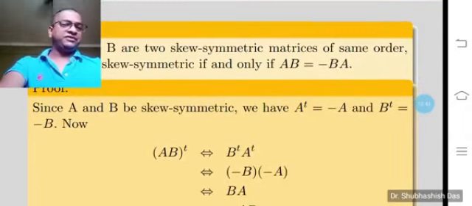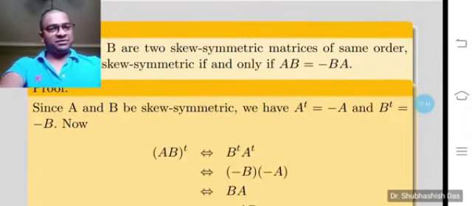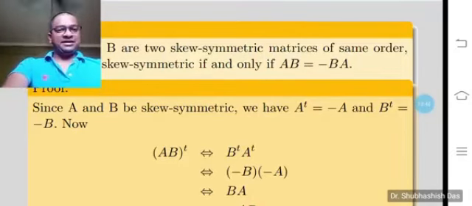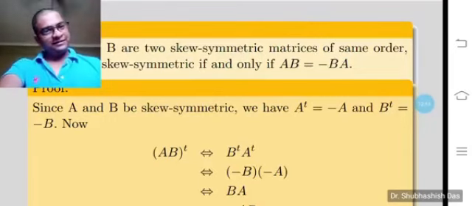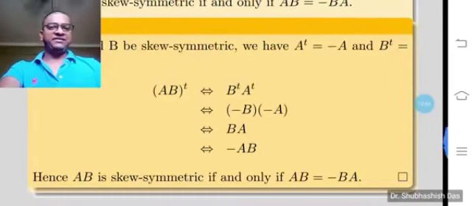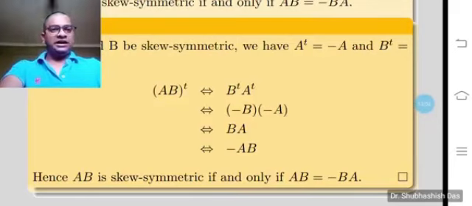(AB) whole transpose implies and is implied by B transpose A transpose, implies and is implied by minus B times minus A. Since B transpose is equal to minus B, A transpose is equal to minus A, this implies and is implied by BA, and this implies and is implied by minus AB. That condition was given. Hence, AB is skew symmetric if and only if AB is equal to minus BA.